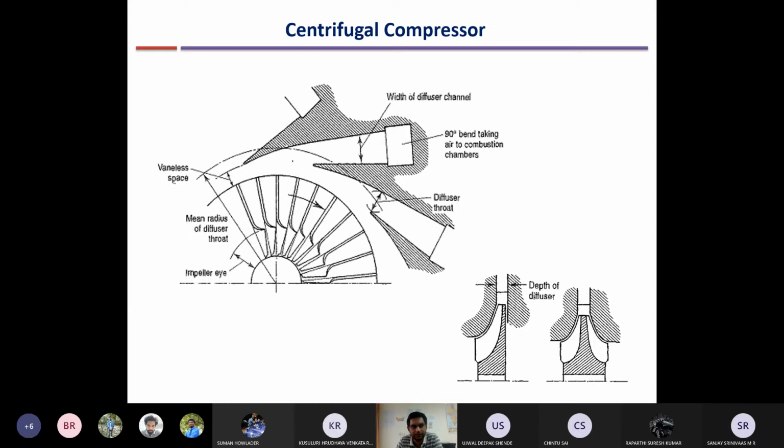On the other hand, the diffuser only increases the static pressure, but at the cost of the velocity, because there is no separate work input to the diffuser, no rotating part. So at the cost of the kinetic energy, it increases the static pressure. Here both the kinetic energy as well as the static pressure increase.